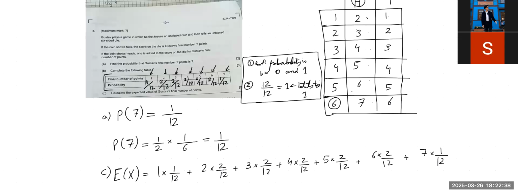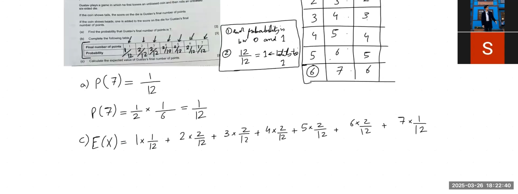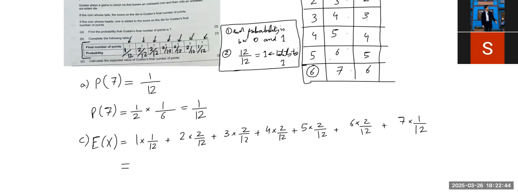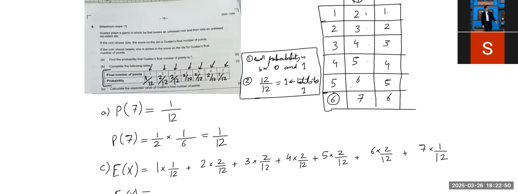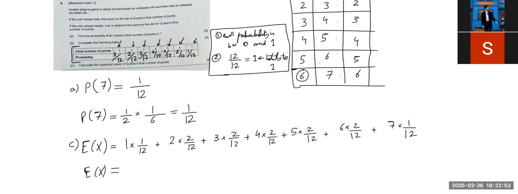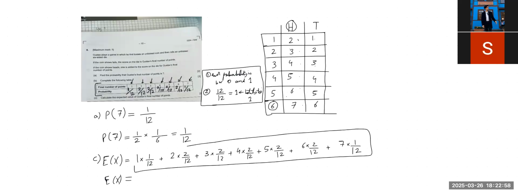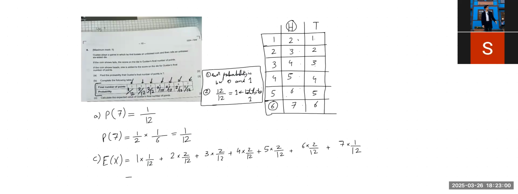So this is the expected value. You basically just need to make this sum, and that's your answer. Expected value, by the way, means the value or the score that you expect to happen if this guy does this experiment. So by doing this whole calculation, you will find the expected value, and that's basically it. All right. So that is this question. Any questions?